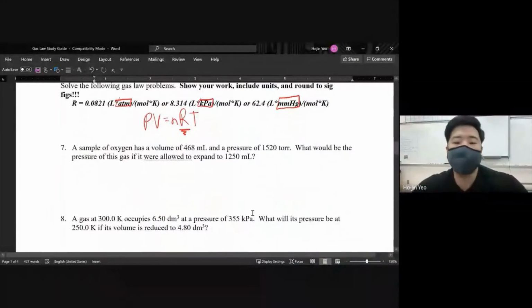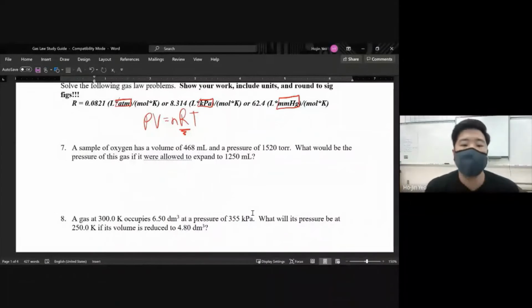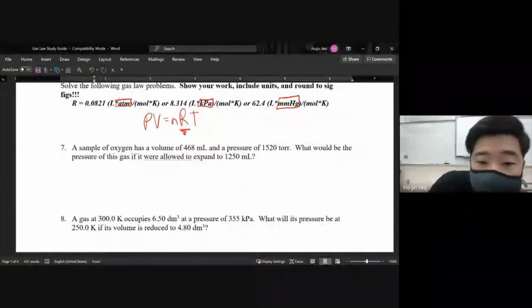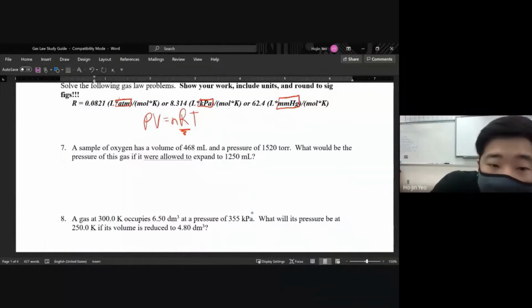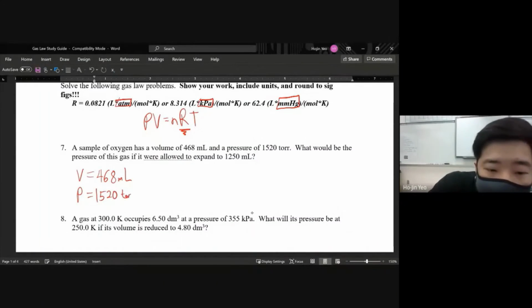So let's try solving some questions. Like I always do, I always make sure to set up all the given information and list it out. So in this case, we have first the volume, followed by our pressure, which is 1520 torr.